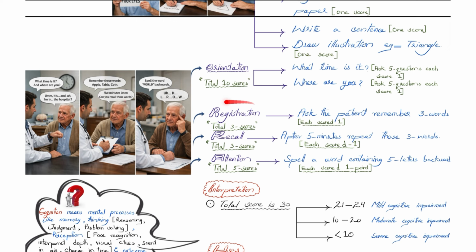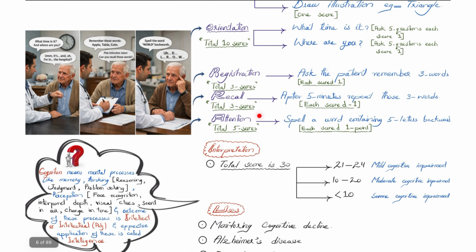The third one is registration, where you check the short-term memory of the patient, and the total score is 3. Ask the patient to remember 3 words, and in recall, after 5 minutes, repeat those 3 words that you asked the patient to remember, and give 1 score to every correct word. And then the last one is attention. The total score is 5.